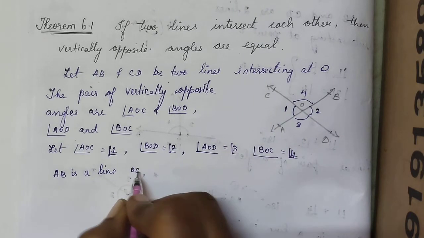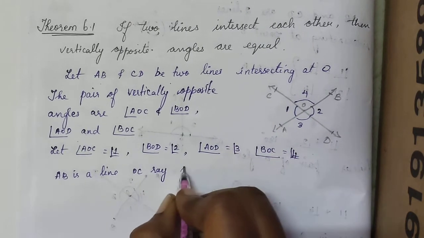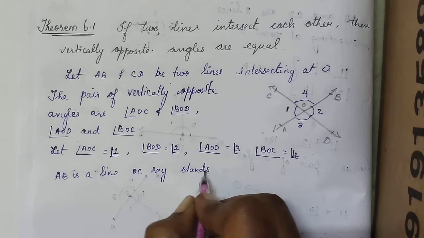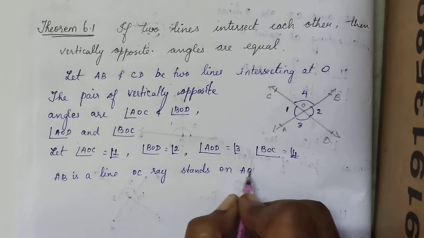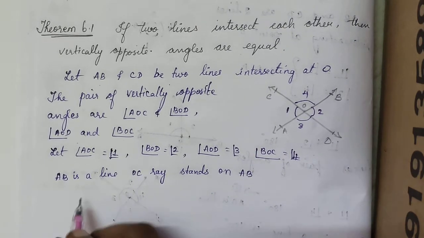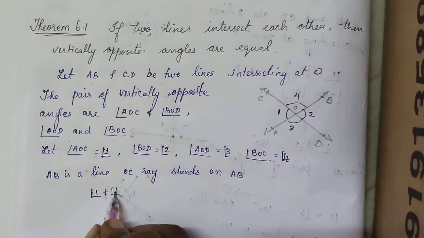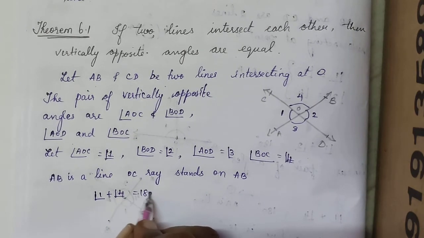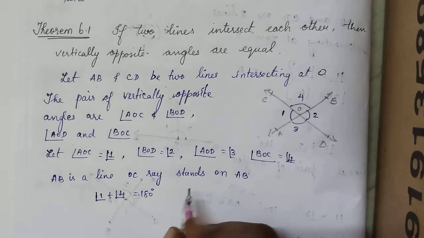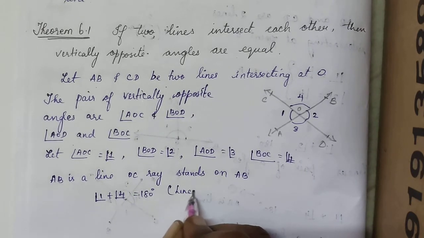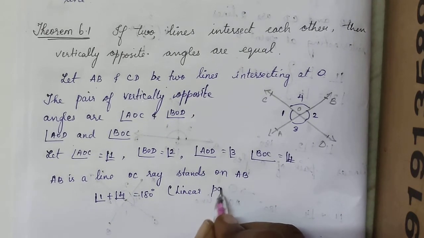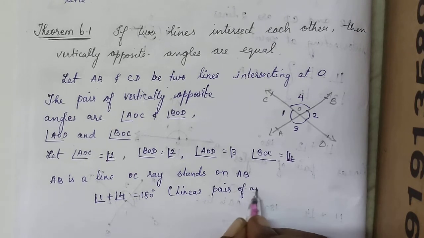Ray OC stands on AB. Then angle 1 plus angle 4 is equal to 180. These two are a linear pair of angles.